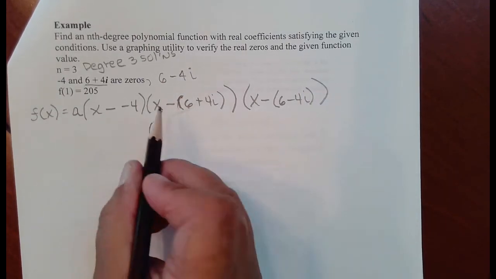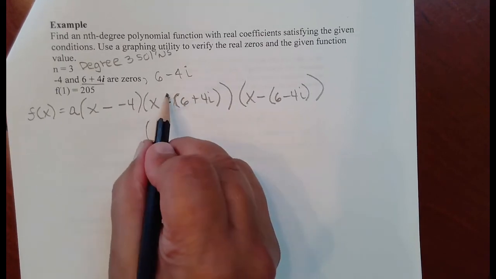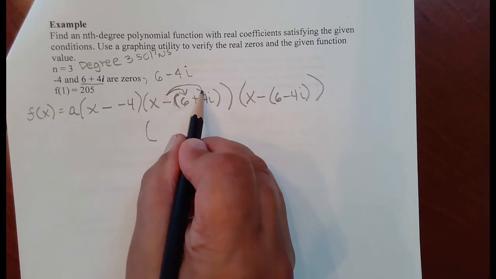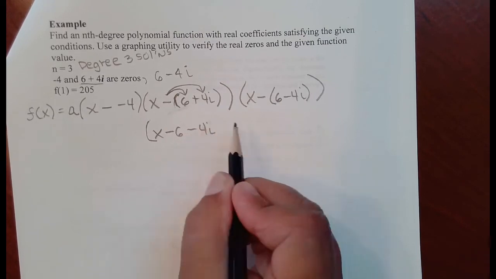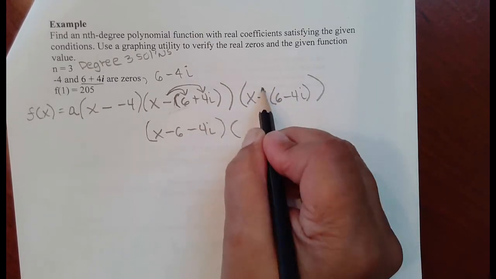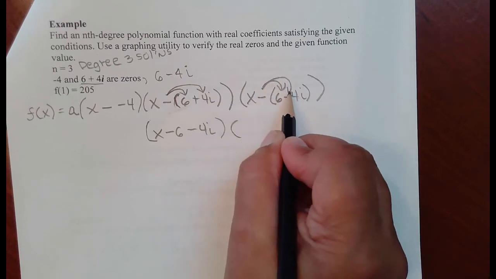Now dragging this negative through, it's going to be negative 6 minus 4i, and negative 6 plus 4i.